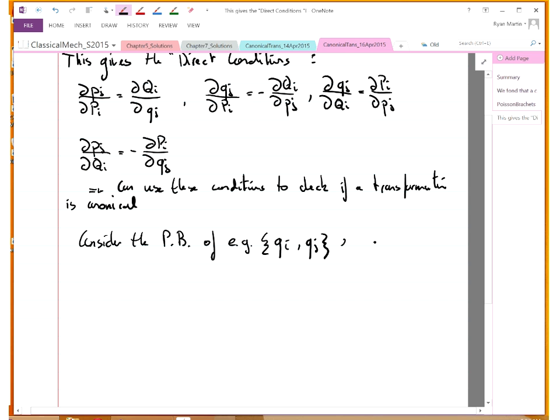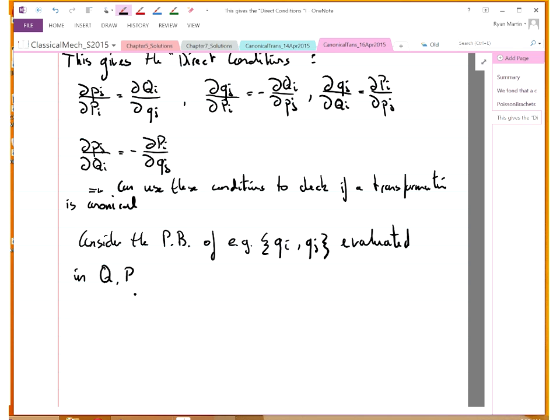Let's consider the Poisson bracket of, for example, lowercase qi with lowercase qj, evaluated in the capital Q's and P's.